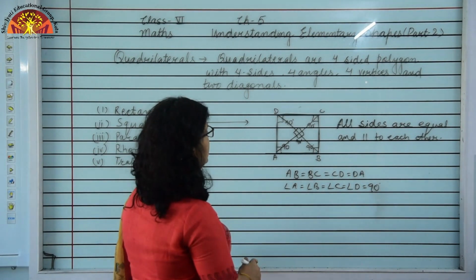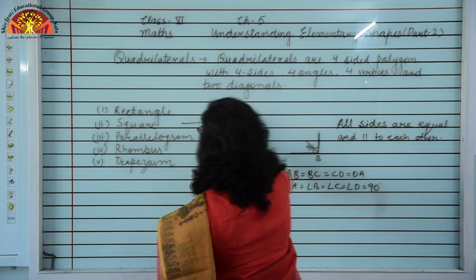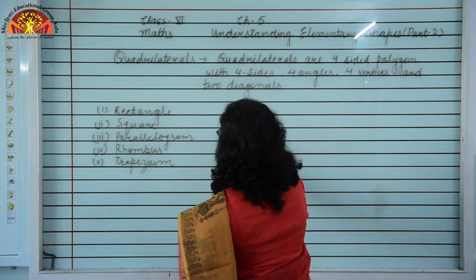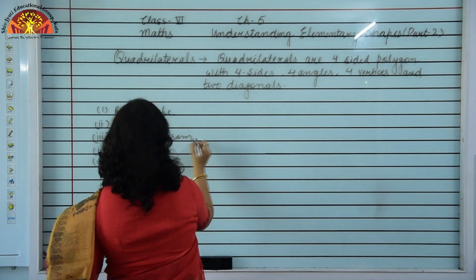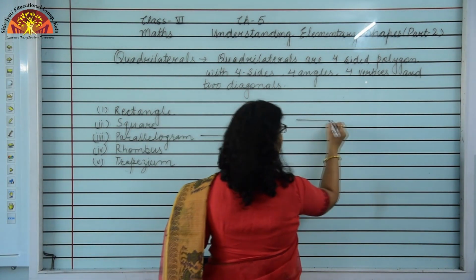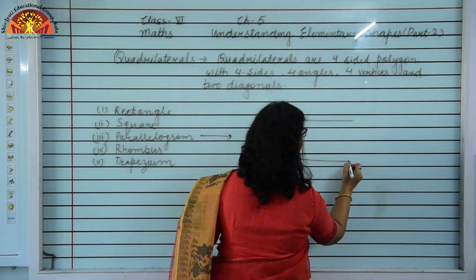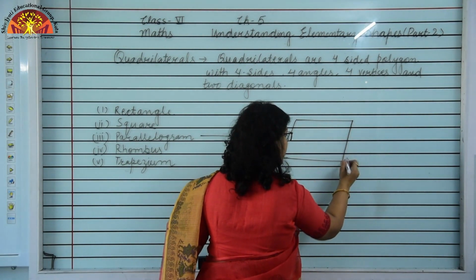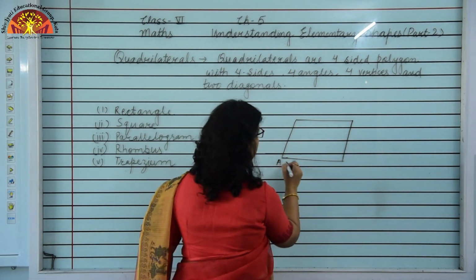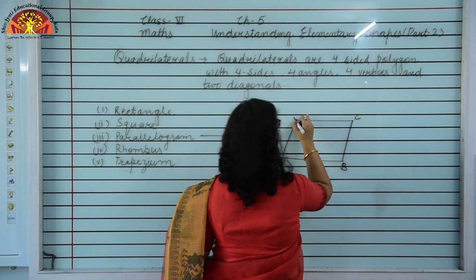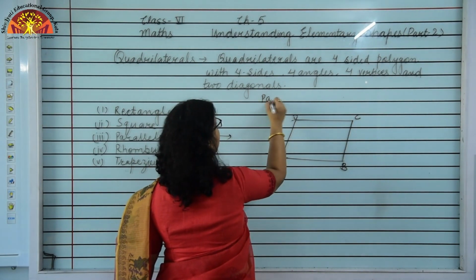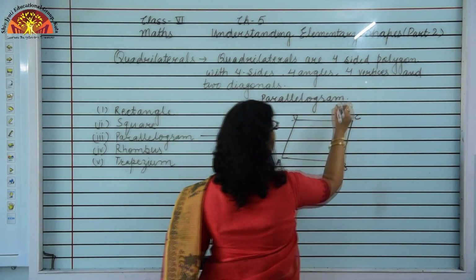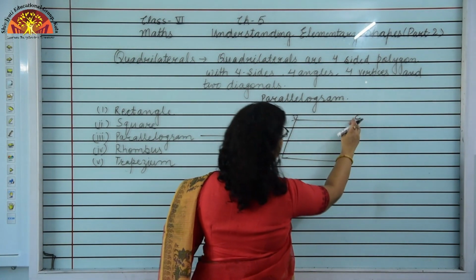Understood? Now students, the next type of quadrilateral is the parallelogram. From the name you can tell what will be in a parallelogram: opposite lines are parallel. Suppose this is A, B, C and D. This is the parallelogram. In a parallelogram, opposite sides are equal.